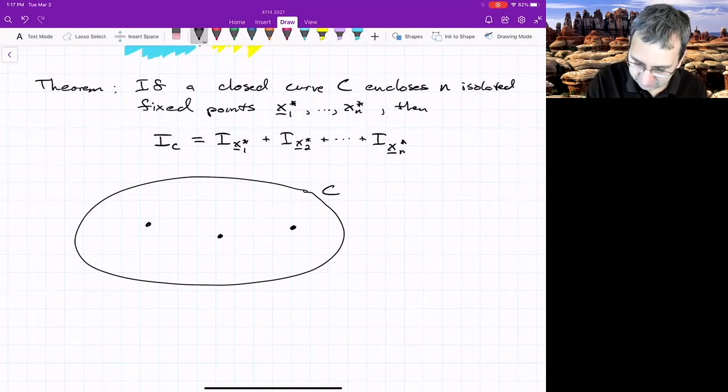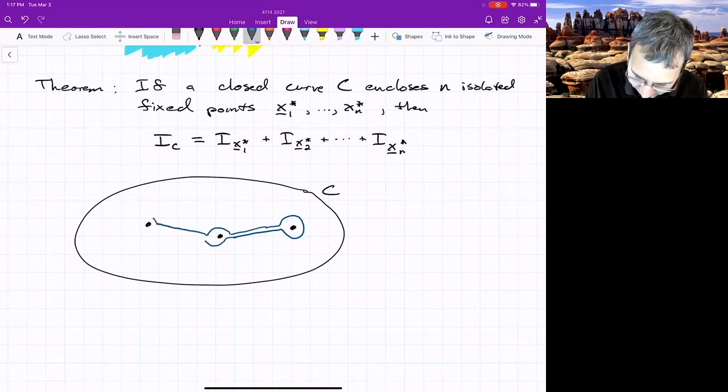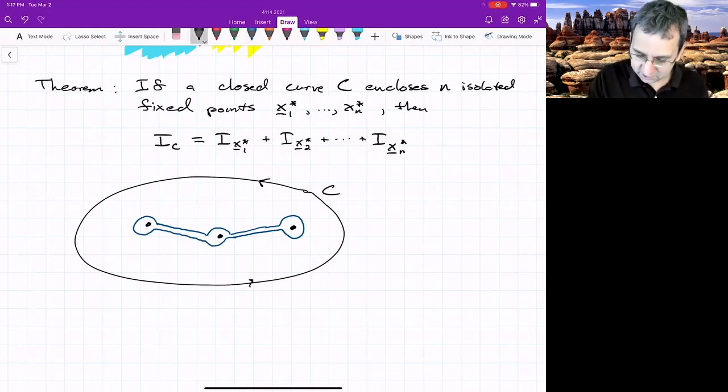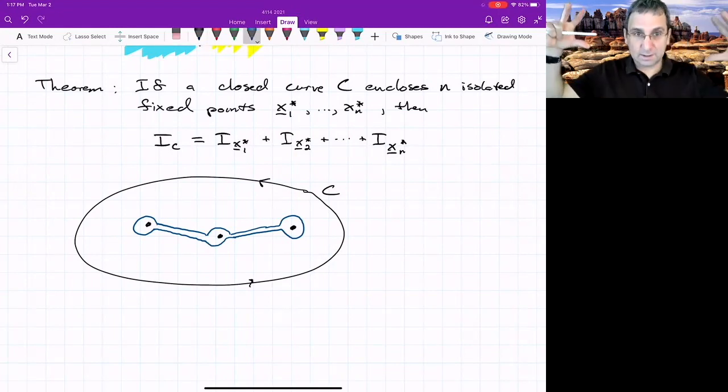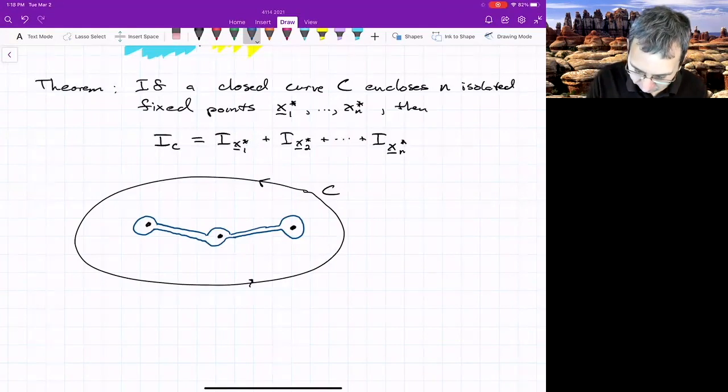So you shrink this down into something that will surround each fixed point, and then you've got these bridges to the other fixed points. I don't have very good memories of complex analysis, but that's right. We traverse this curve in a counterclockwise sense, and so this curve C can be deformed. So it's going to have the same index as this other curve that we'll call gamma, and so it must be traversing everything in the same sense.